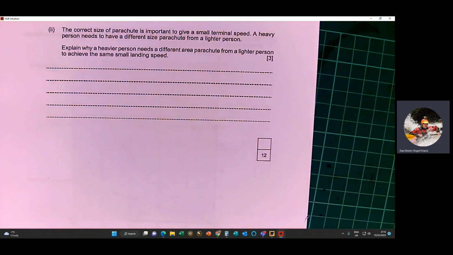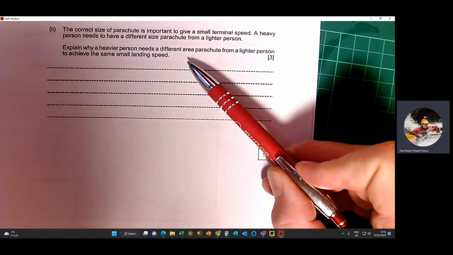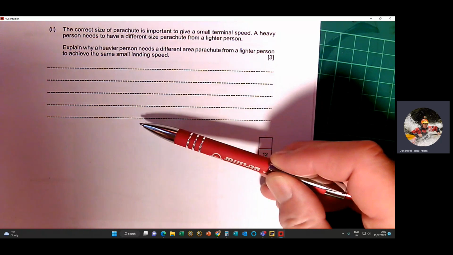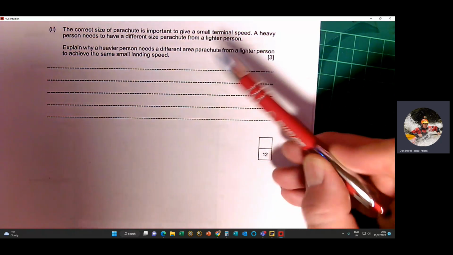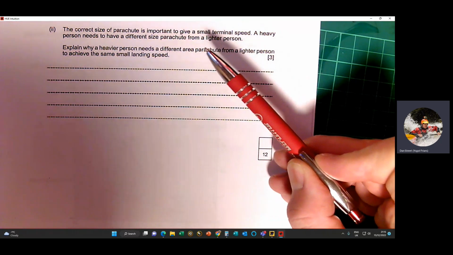Okay, so consequently, a larger person has a larger weight, and therefore they will be pulled down more effectively by that, so they will need a greater air resistance, and to get that they need a bigger parachute.